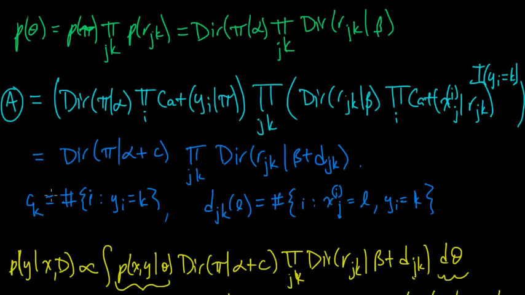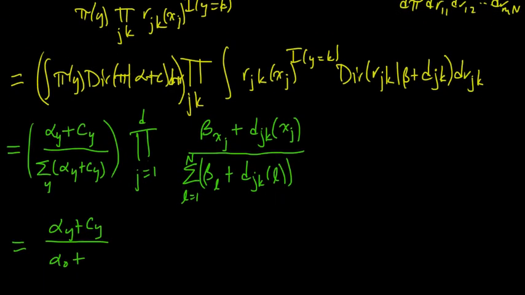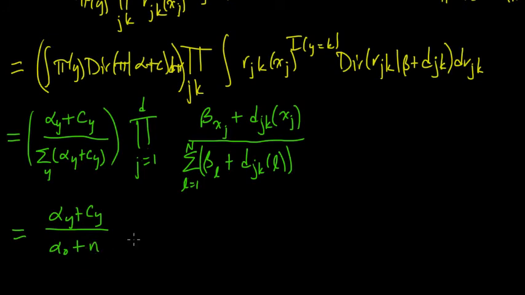If we sum over k of c_k, c_k was the number of points for which y_i equals k. But for any i, y_i equals some k. So if we sum this up over k, we just get the total number of points, which is n. So this is just n.